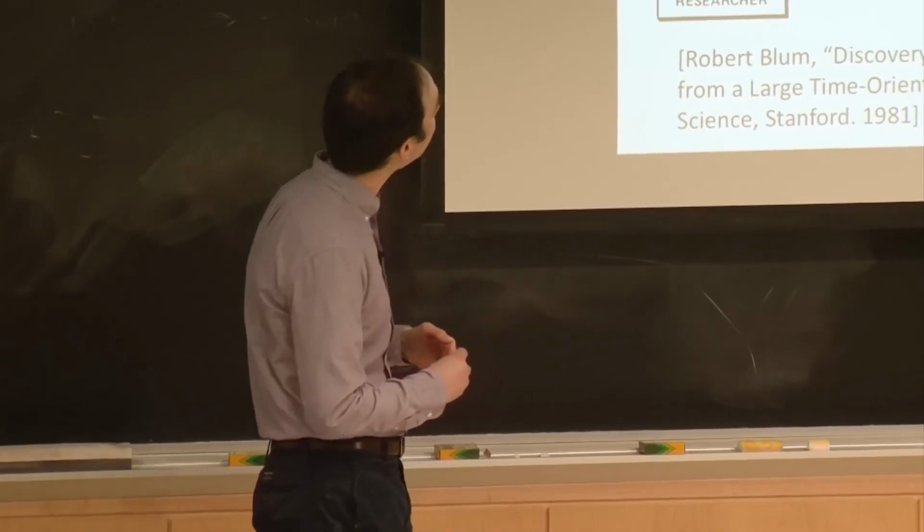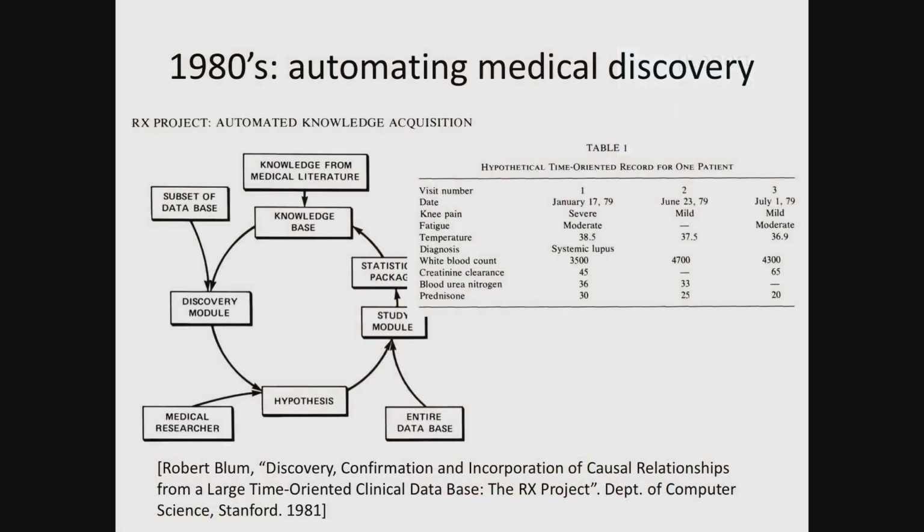So for example, in this work, there was a discovery module which would make causal hypotheses about what aspects might cause other aspects. It would then do some basic statistics to check the statistical validity of those causal hypotheses. It would then present those to a domain expert to check, does this make sense or not?